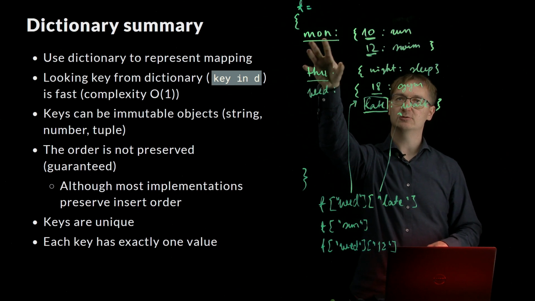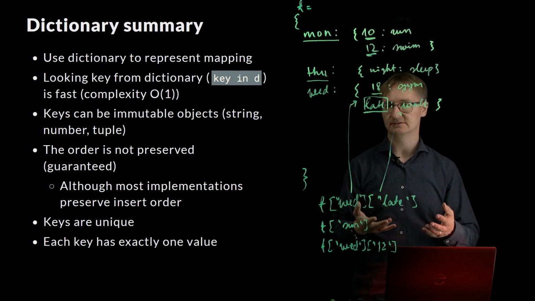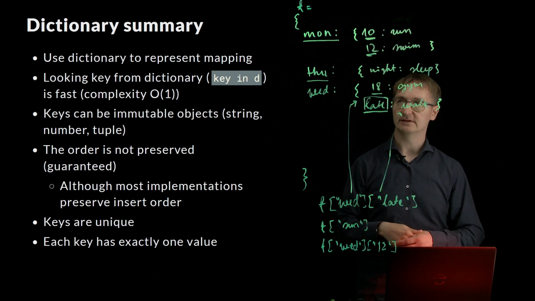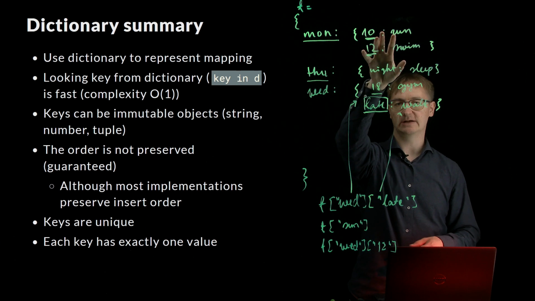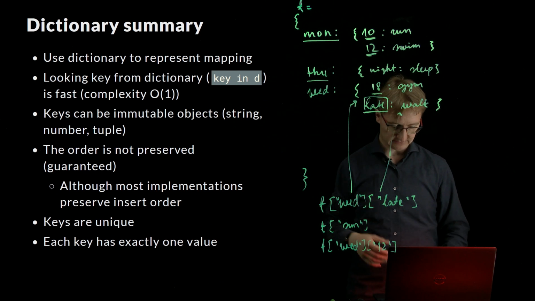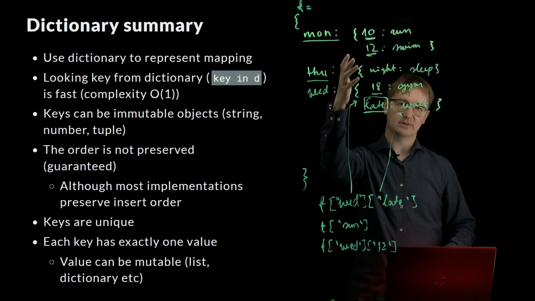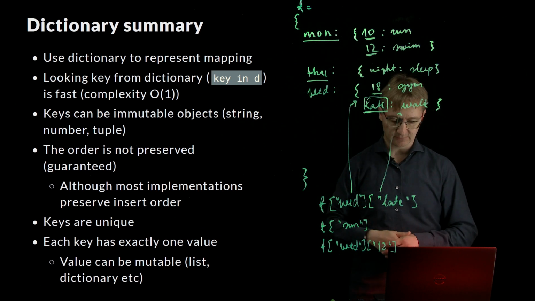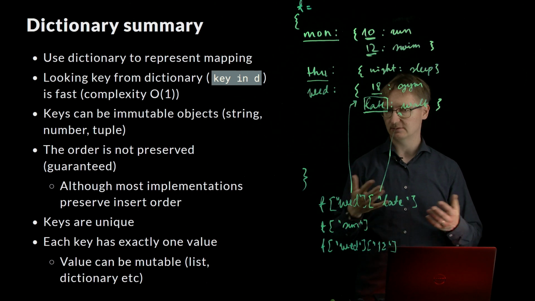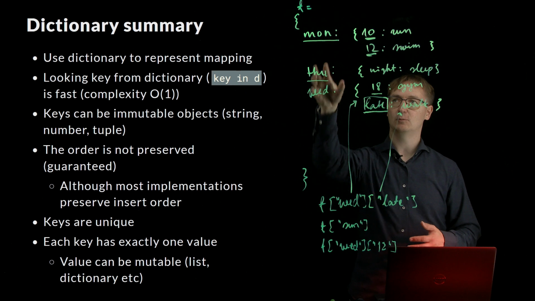Although it has one value, the value is this dictionary, which represents several values. But technically one key has one value. You cannot have Monday pointing to this value and also pointing to another value. And as mentioned, a value can be a mutable object: list, dictionary, set, whatever. That way you can have a mapping from one to many.